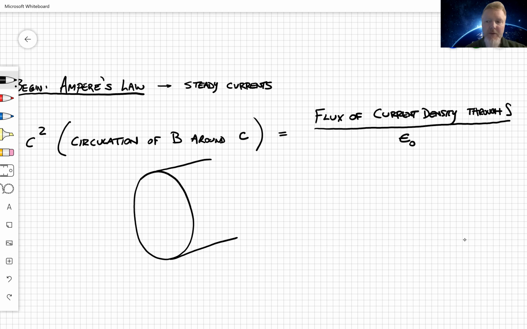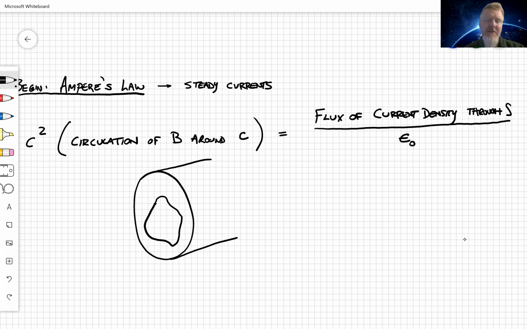And now around this, there we go. Around this curve, this is going to be my curve C. Okay, that's my curve C right there. So I'm going to look at the circulation of B around C.